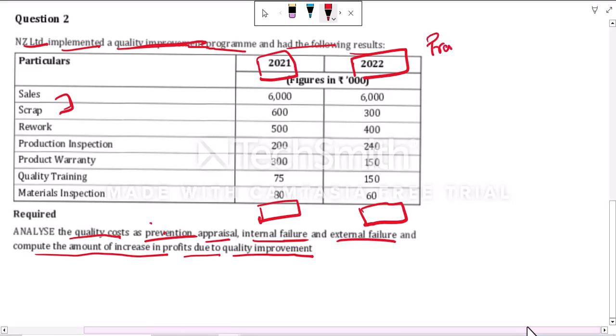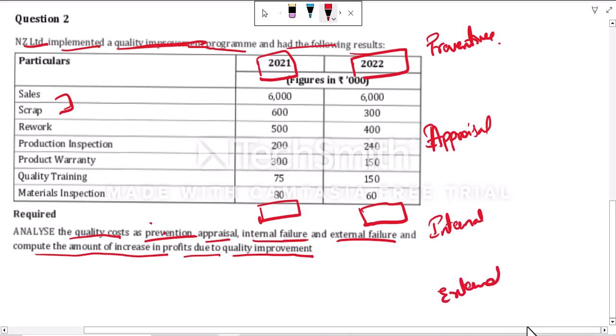First we have preventive, appraisal, internal failure, external failure. Sales is the same amount, but scrap, how much is there?